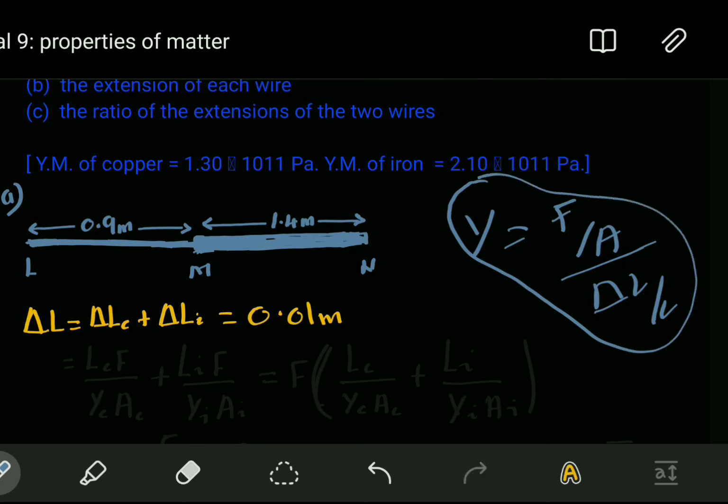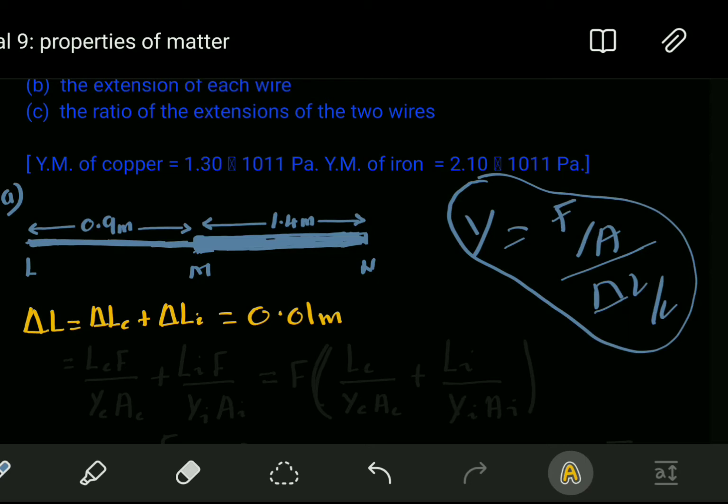We make the changing length the subject of the formula, and we're going to find that the changing length is given as L times the force divided by the Young's modulus times the area. So you do that on your own, and as you're solving, of course you have to change that expression. I have changed mine here already.